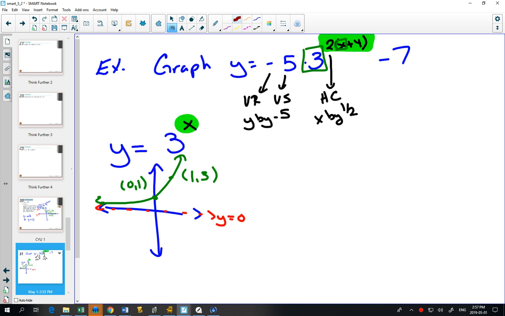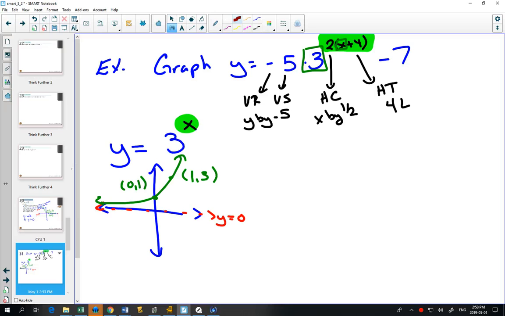Very nice that this question was already in factored form. So this 4 is a horizontal translation. 4 right or 4 left? 4 to the left because it's a plus 4. So another reminder of our first chapter, everything that was horizontal is kind of the opposite of what your gut would think.